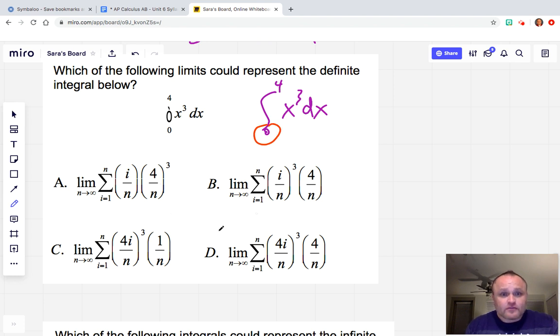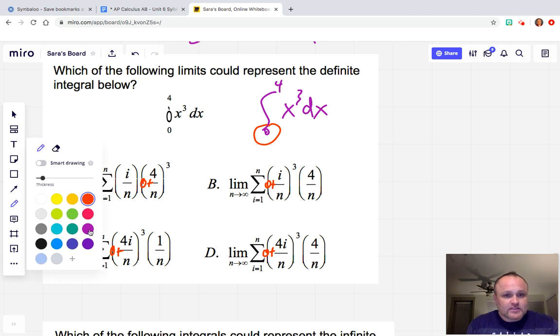So all of these, they start at 0. So the y value is like 0 plus this 4 over n cubed, 0 plus this 4i over n cubed, and so on. Okay, so they all start at 0.